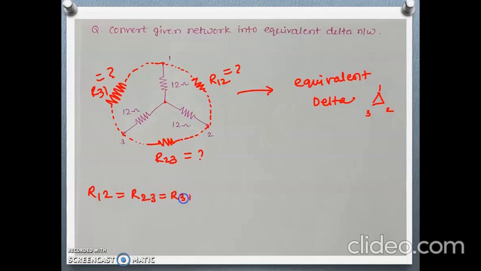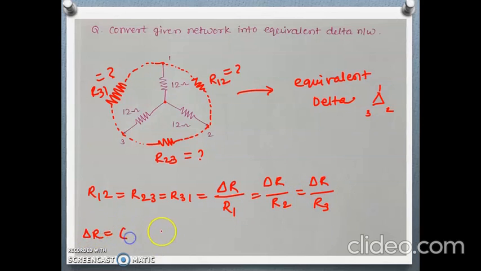So R12 equals R23 equals R31, which is delta R divided by any one resistor, suppose R1, or it may be delta R divided by R2 or delta R divided by R3. So first we will calculate delta R.